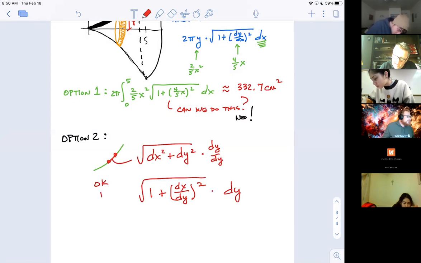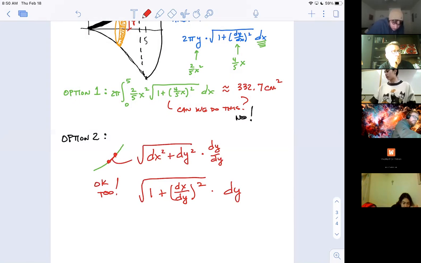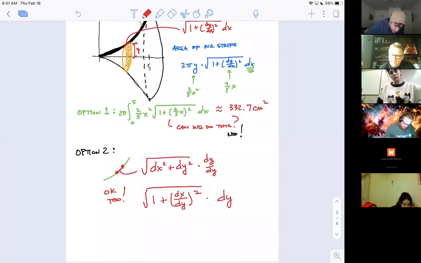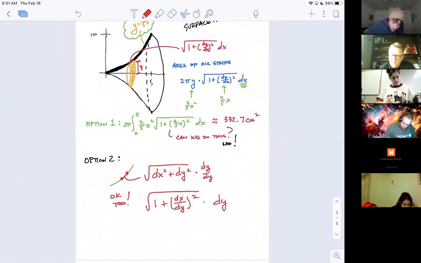This is okay too. In other words, your arc length does not have to be in terms of x, it could be in terms of y. So the axis of rotation is not what determines it, because you can just solve that out. It's the arc length that's going to determine it.